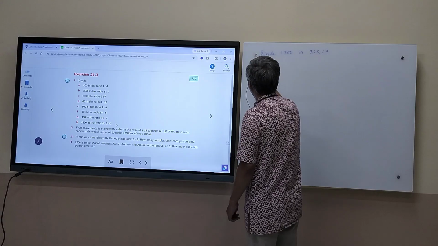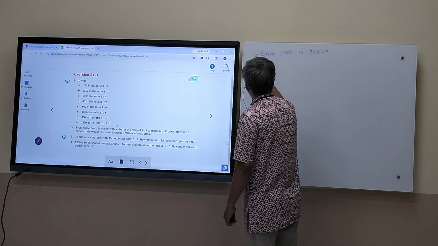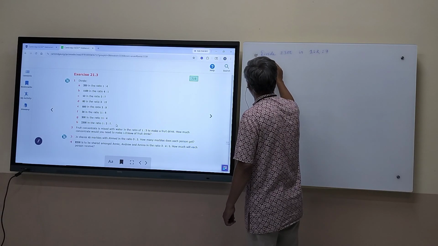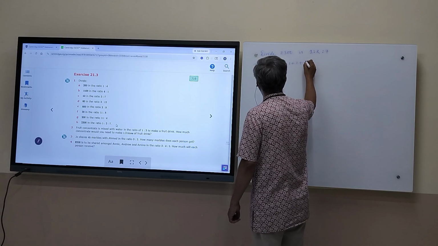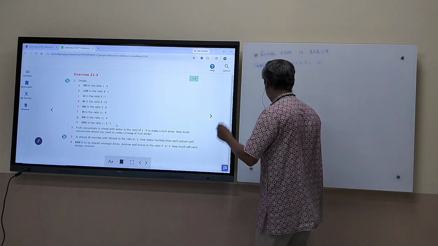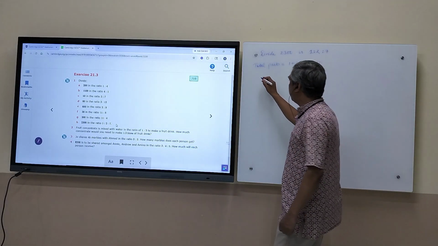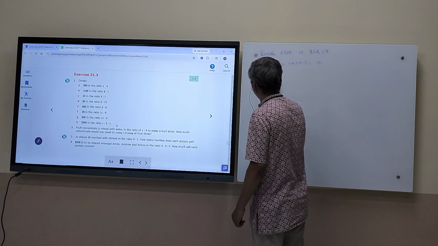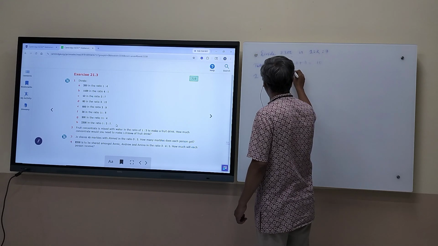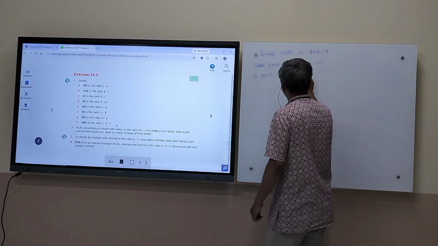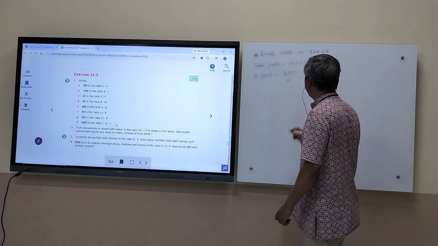So we say that the total number of parts is equal to 1 plus 2 plus 7, that is equal to 10. So the value of one part is equal to 2300 upon 10, which is equal to 230.